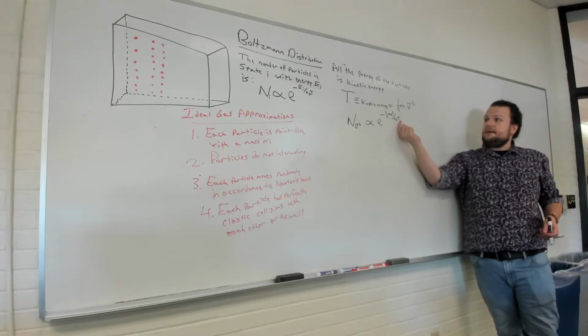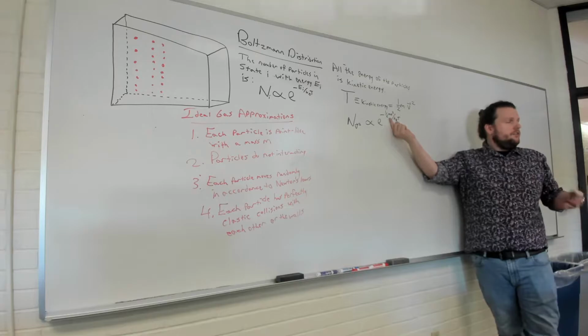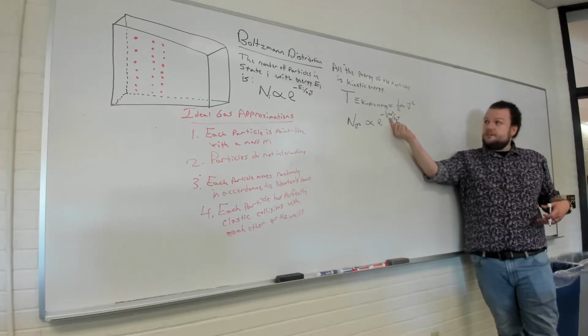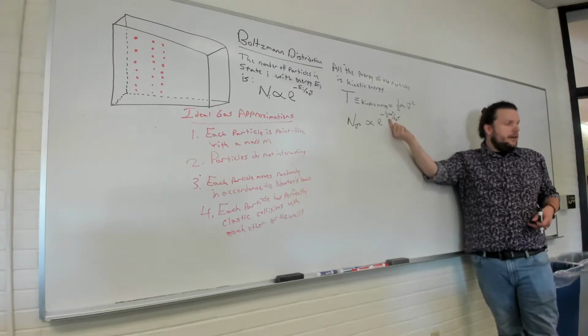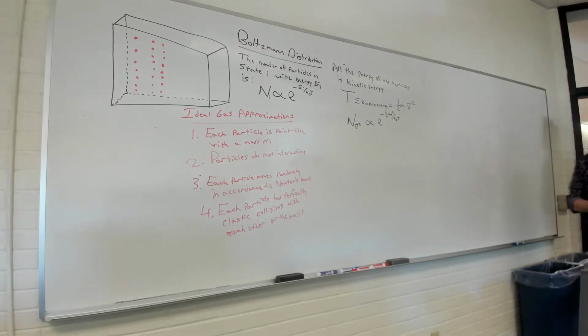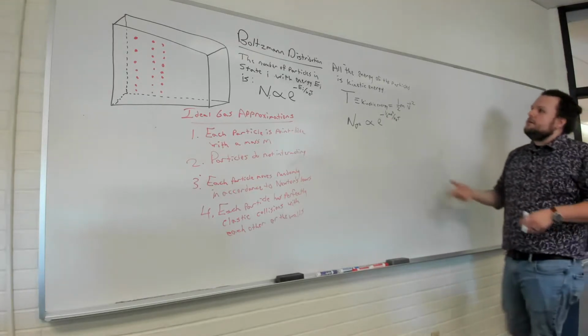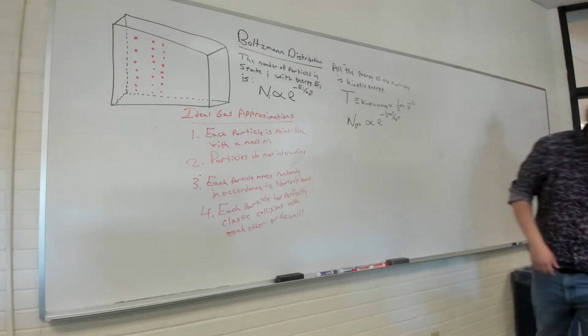So as temperature increases, the proportion of finding molecules at a higher velocity increases. Likewise, as temperature increases, it becomes less likely to find particles at a slower velocity, as we'll see. So there's a balance. That's maybe not that surprising. All that says is that the hotter it gets, the faster the particles move on average.